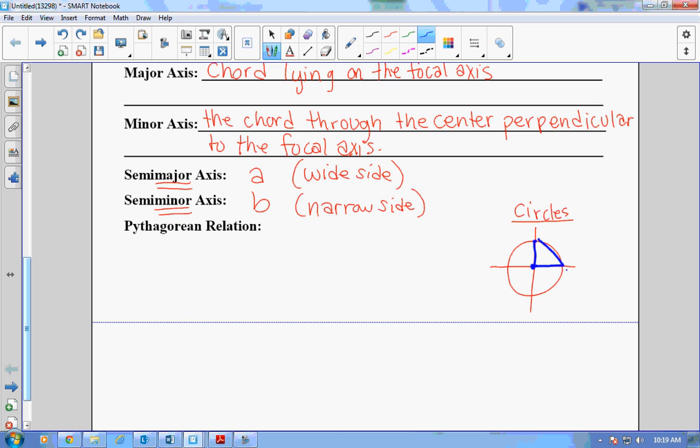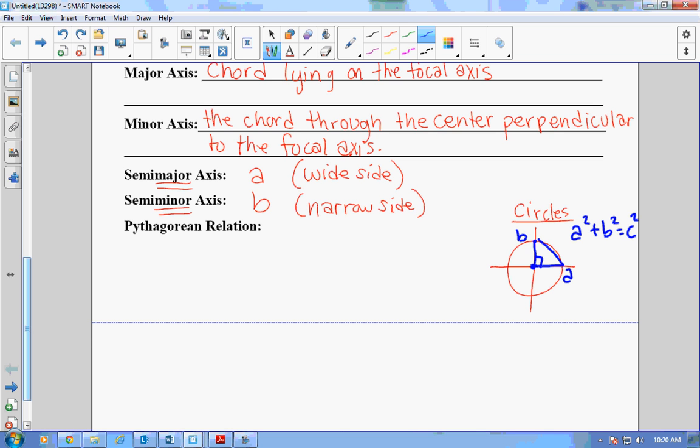If this is point A, then this side is length A. If this is point B, then this side is length B. How can we find the diagonal of a right triangle? Pythagorean theorem. A squared plus B squared equals C squared. So that's why our circles have something squared plus something squared equals something squared, because we use the Pythagorean theorem.